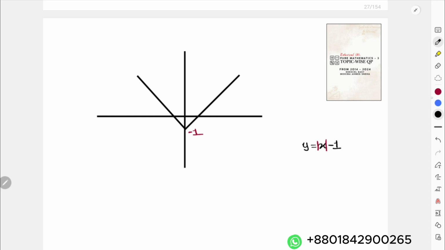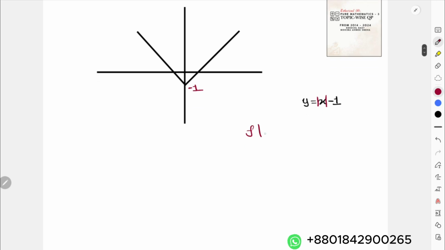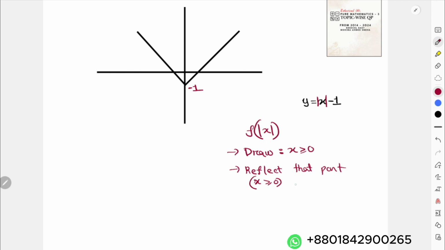So whenever you're working with this type of equation, with modulus of x, that means you're only going to first draw the x greater than or equal to 0 part of the graph, and then reflect that part over the y-axis.